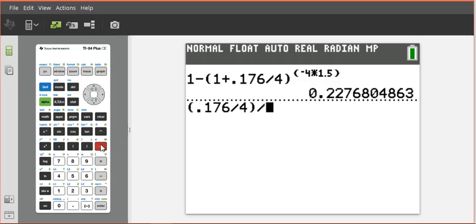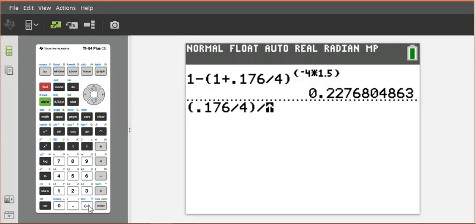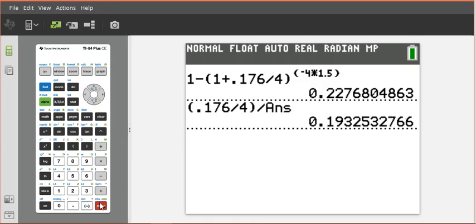We want to divide this quantity by the denominator, which is right here, this 0.227 and so on decimal. You can either input all those digits again, or you can do second negative sign to call up the previous answer. If you hit enter, this gives you the quantity in brackets.